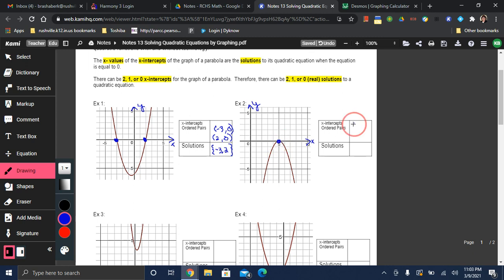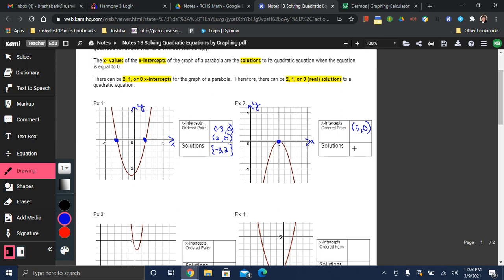And this ordered pair is 5, 0. Notice that in this graph, the 5, 0 is not only the x-intercept, it's also the vertex. So this 1 point is actually serving 2 functions, and that's a good way for us to remember that this is called a double root. And root is another word for solution.